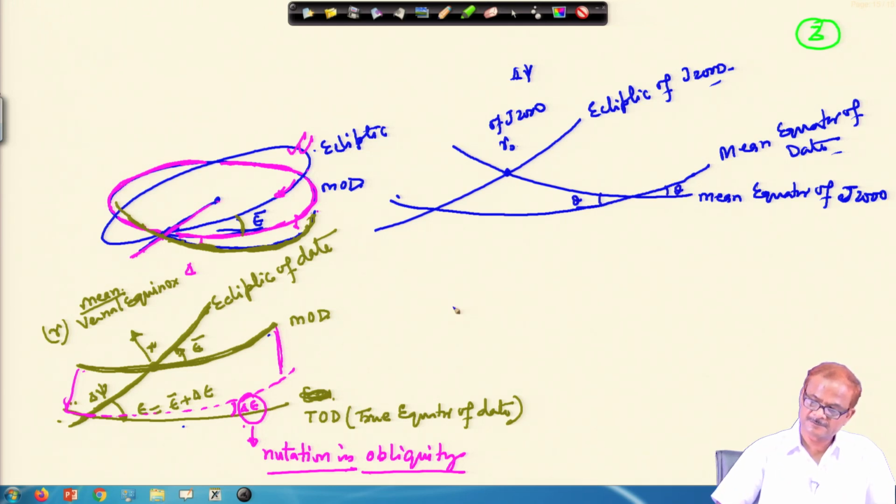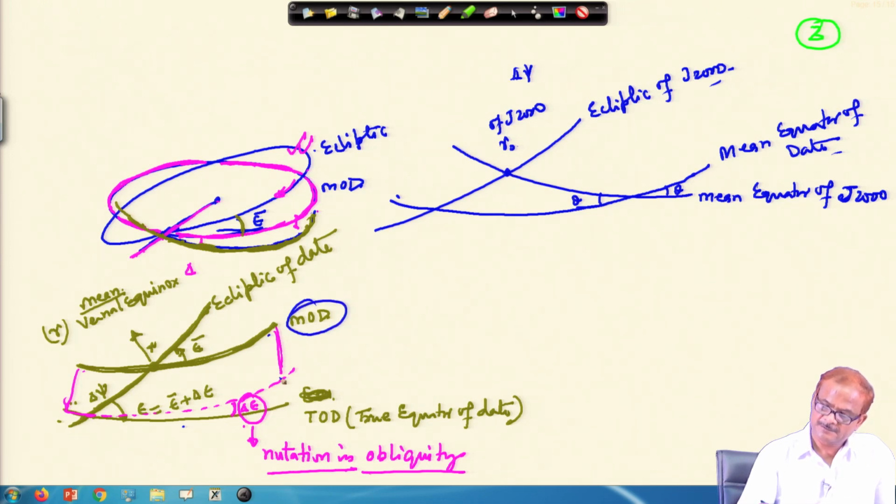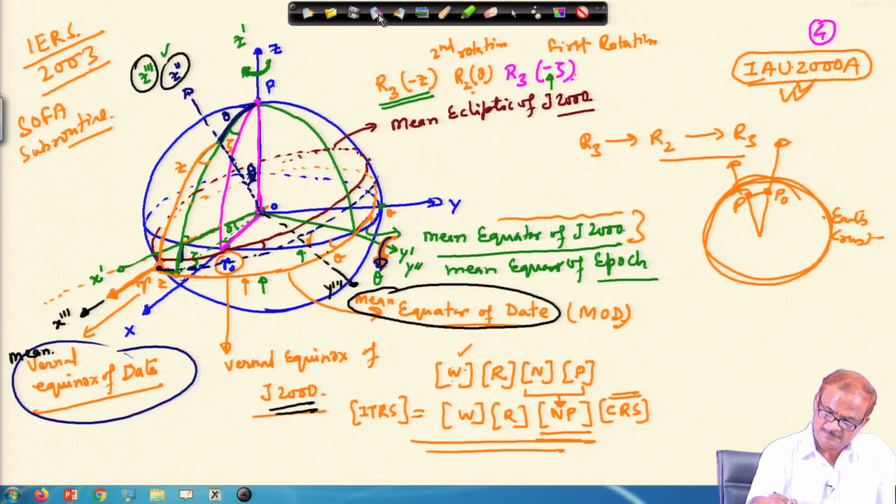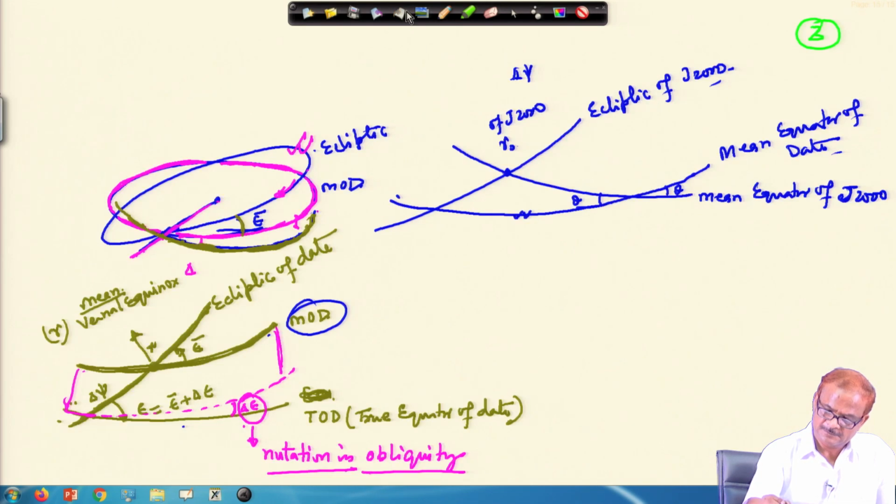You can see the conversion. The mean equator of date is here, and this is the line we are picking up. Again, going back, the mean equator of date which is shown here in orange is picked up, and this is the corresponding gamma.